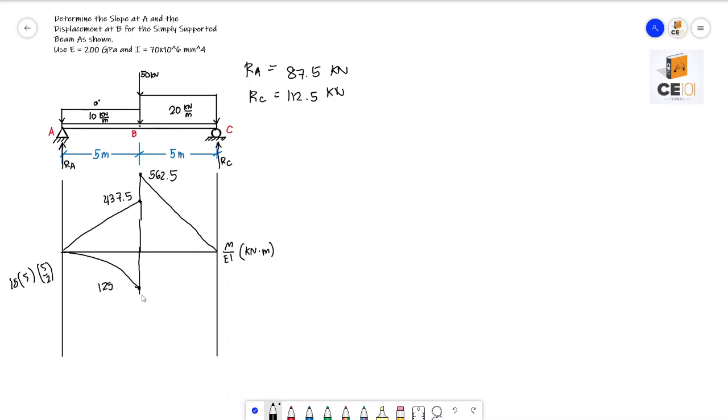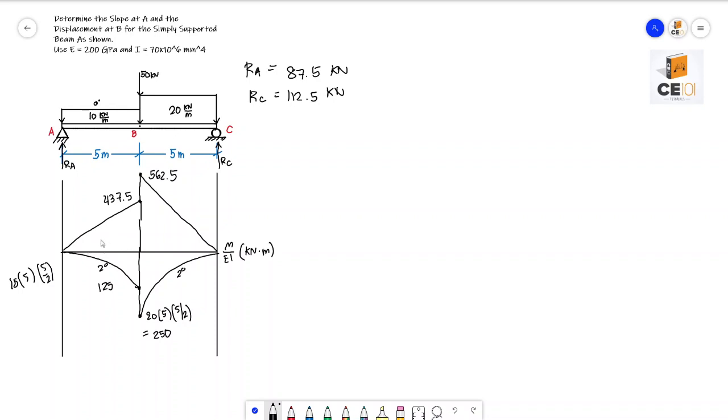Tapos, itong susunod, clearly, mas malaki yung magnitude kasi 20 kN meter. 2 degree curve din. So, 2 degree curve and 2 degree curve na merong magnitude na 20 times 5 times 5 halves na equal sa 250 kN meter. So, ito na yung magiging diagram natin by parts.